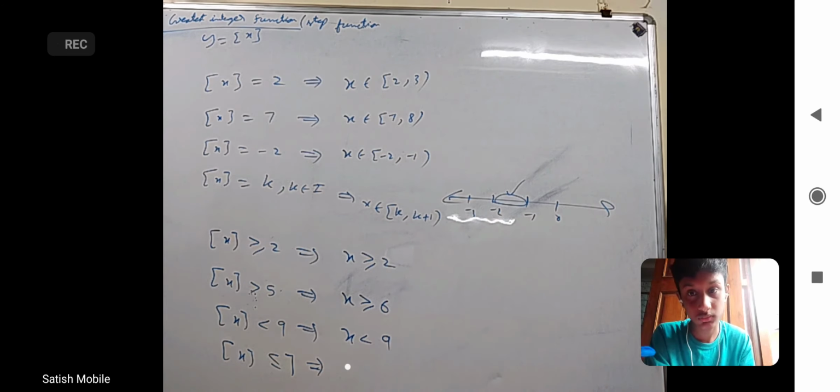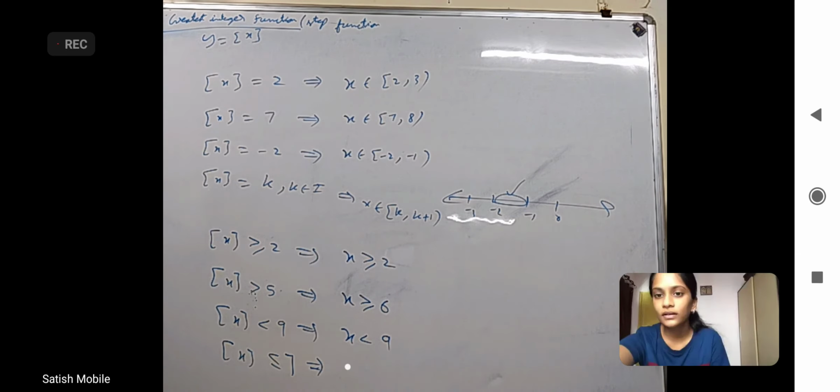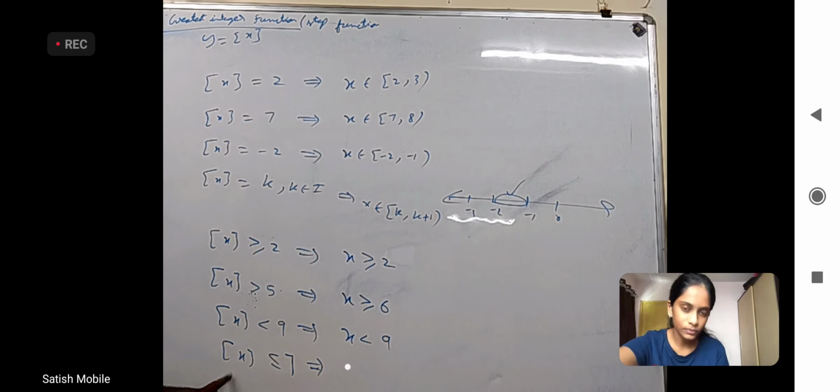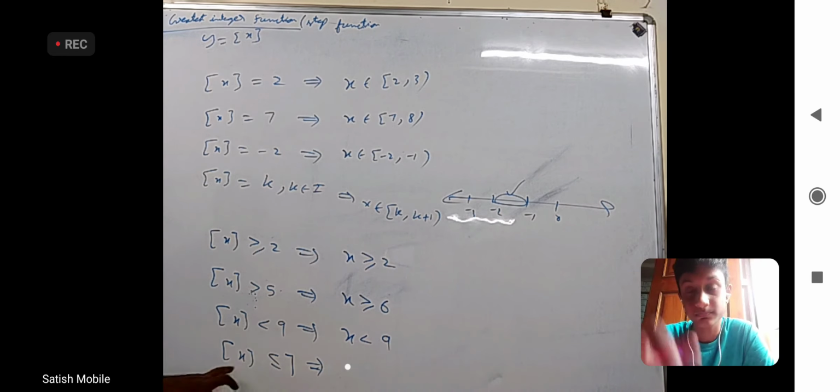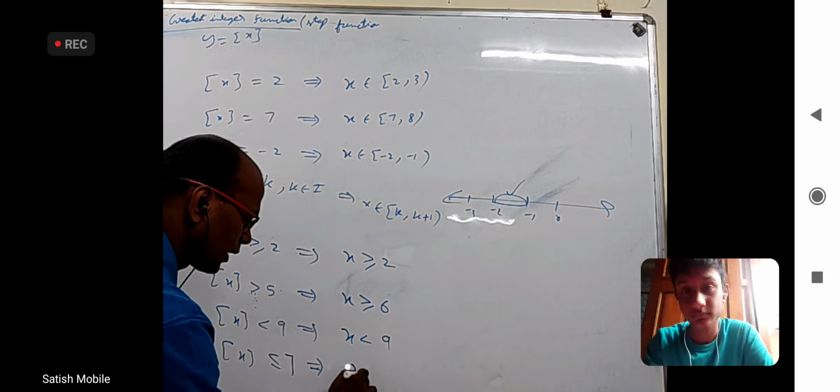If you feel something is right, feel free to tell. Yes. Even 7.1 is okay here because if you substitute 7.1, the integer part will be 7. 7 is equal to 7, right? 7.2, 7.3. But 8 is not okay. So anything less than 8 is okay. So this refers to x less than 8.